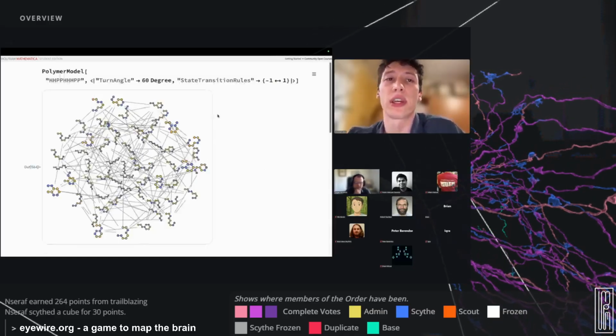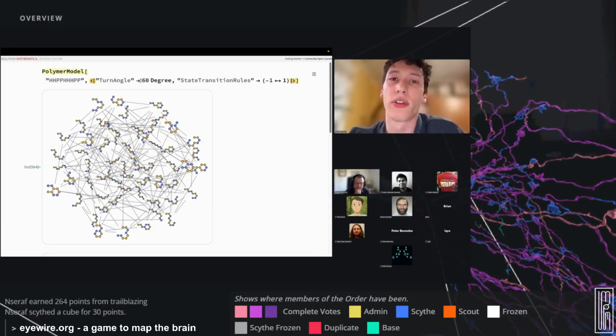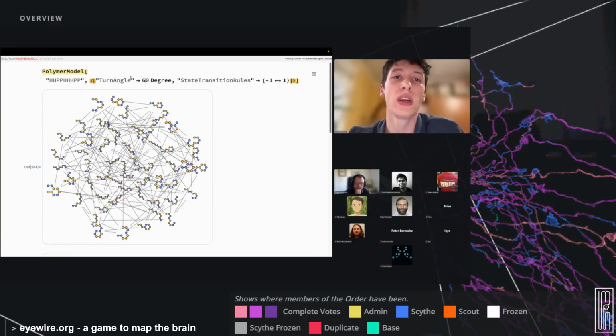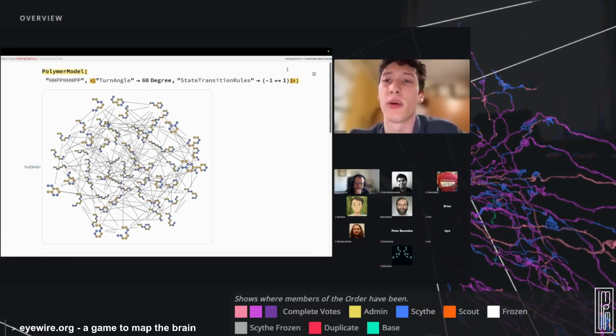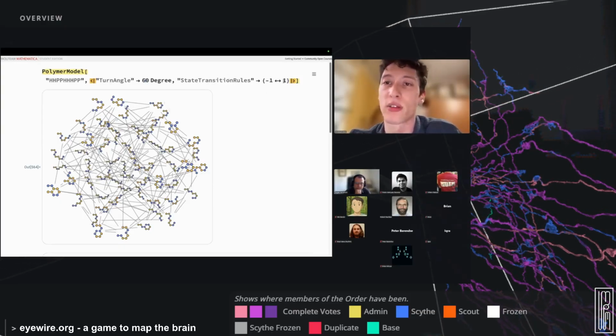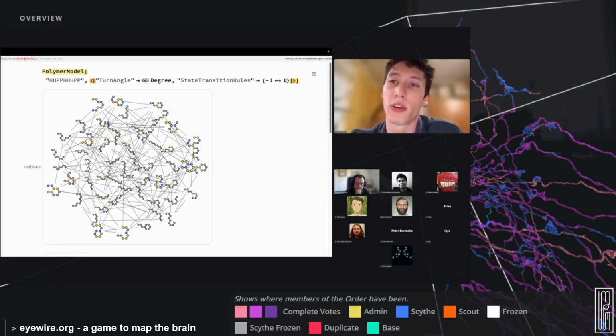Okay, then based on this, we can look at different angles and different state transition rules. So this is the 60-degree case, and the -1 and the 1 basically means that it cannot go straight. So the straight case would be having a 0 here too.